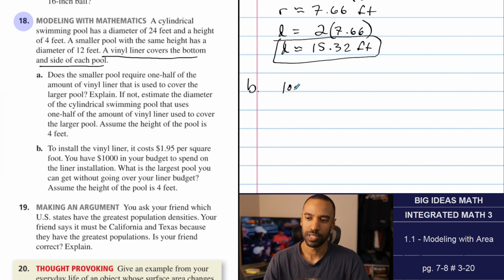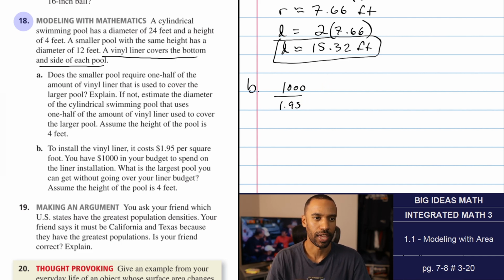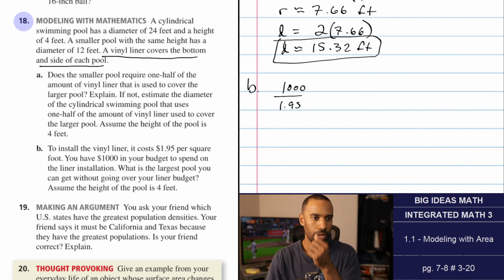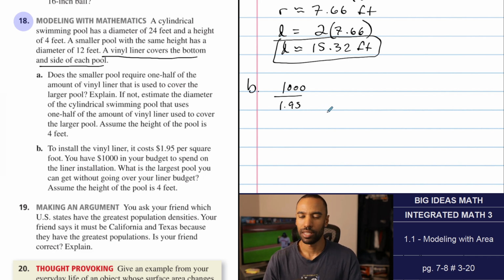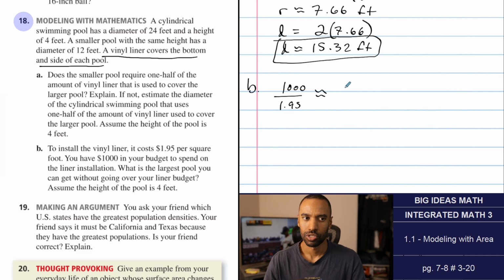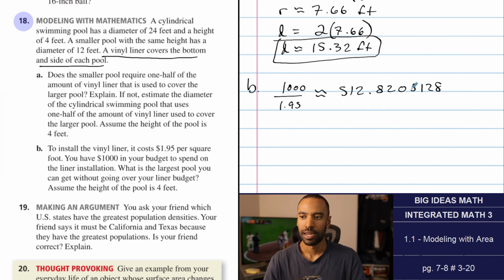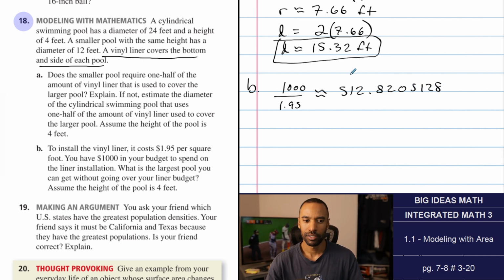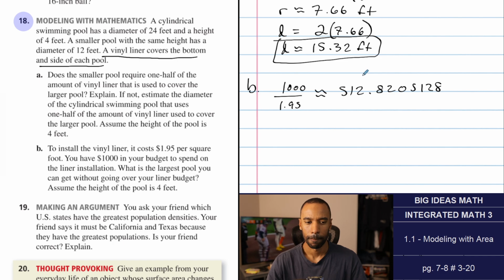So $1,000 divided by $1.95 per square foot. Let's start with that. 1,000 divided by 1.95. Okay, it has a weird number here: 512.8205128.